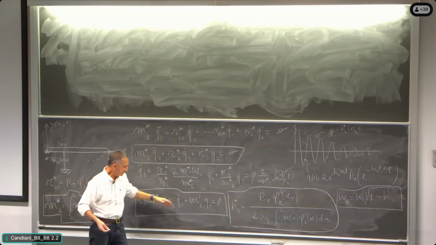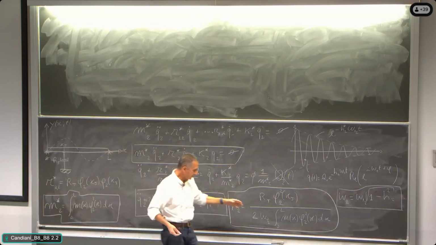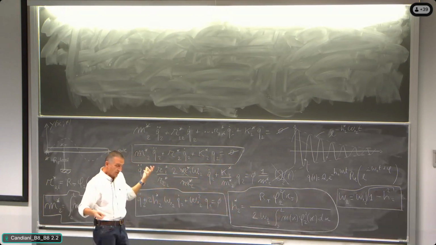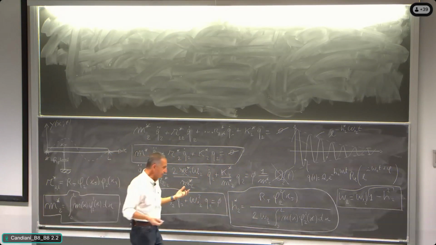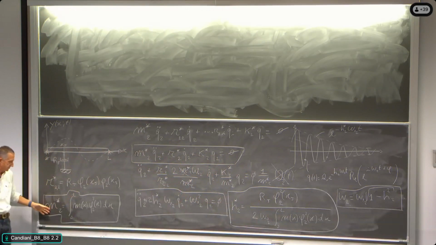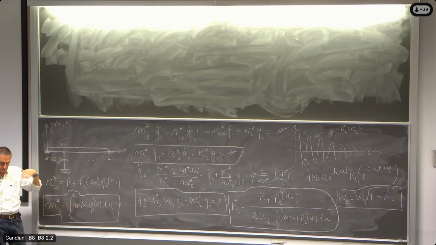And this is the modal mass. And the modal mass of mode 2 is written in the way that we learned: it is the distribution of mass scaled by the square of the modal shape associated with mode 2.